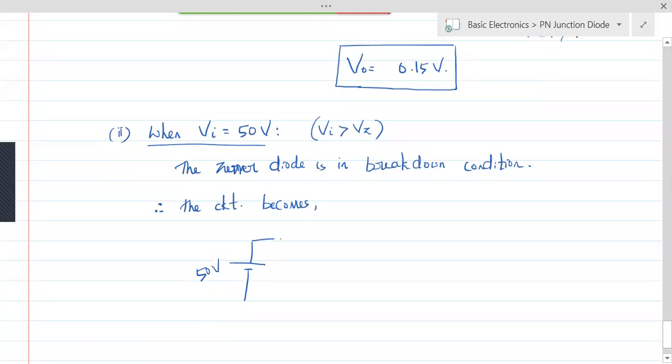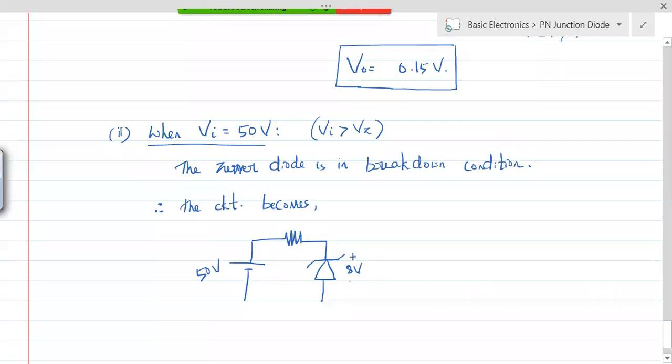This is 82K. Fine. And we have the diode. Now the diode is not open circuit. It is short circuit actually. You can show a short there. The 8 volts is there across the Zener diode. This is your Vz.